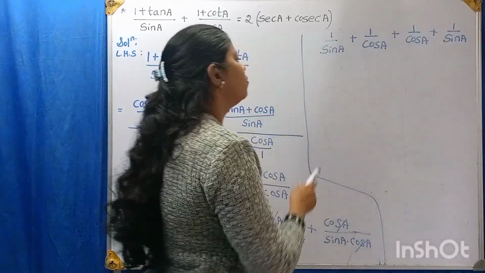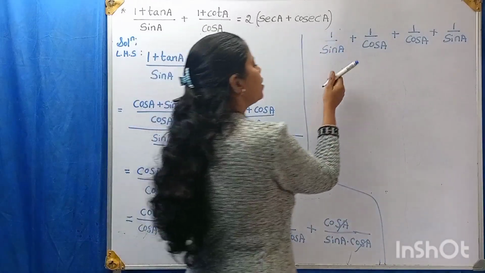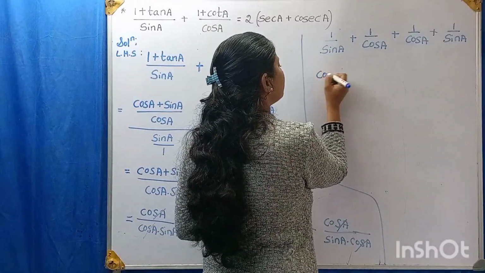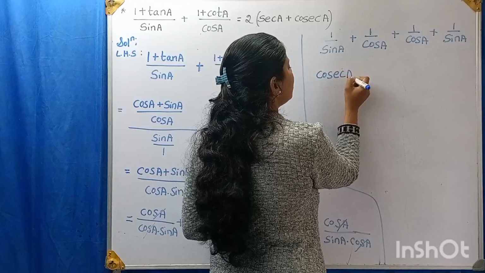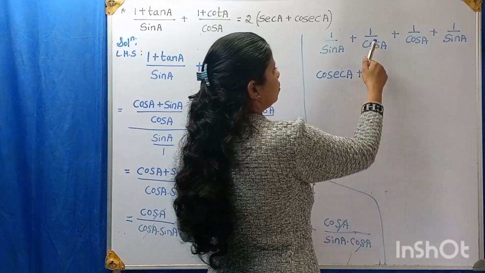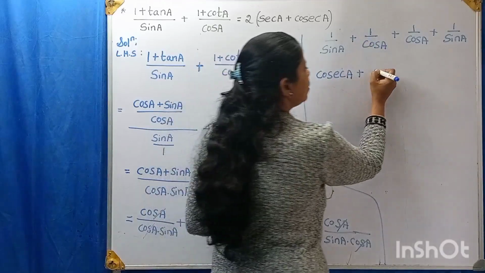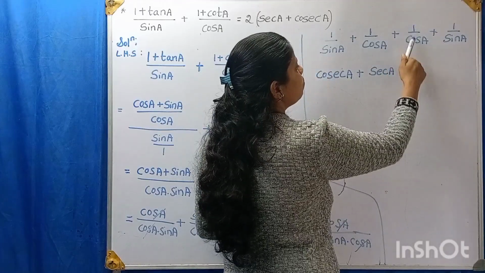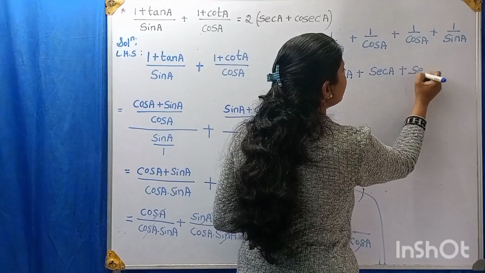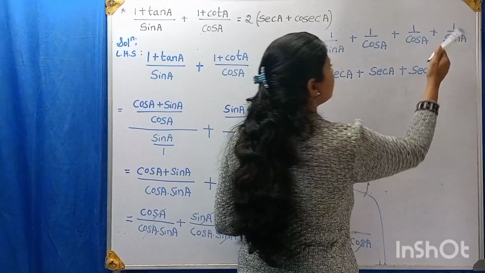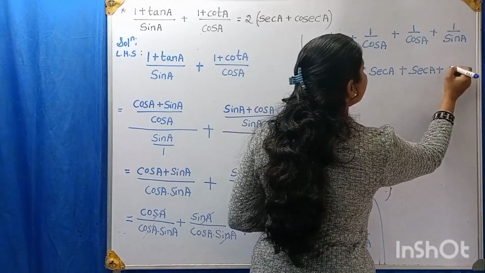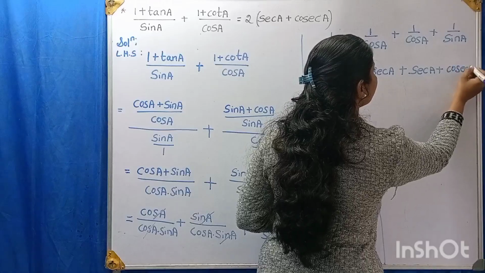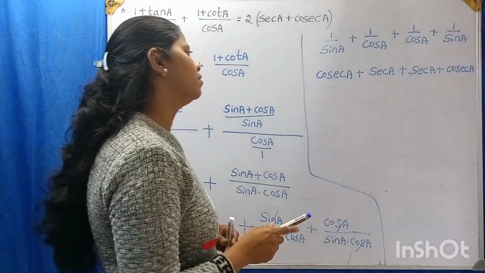We know that 1 by sin A we can write as cosecant A, and 1 by cos A we can write as secant A. Now look at this.